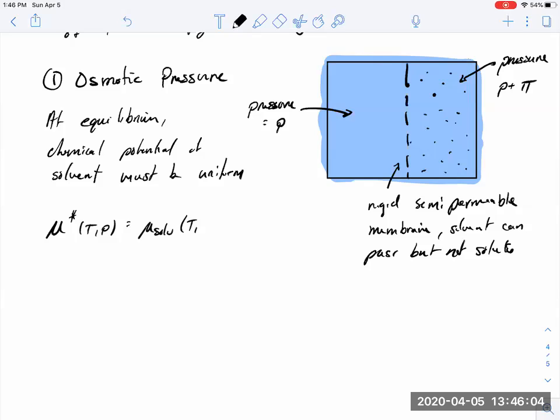And that's a temperature T that we're fixing, that must equal the solvent chemical potential over on the right, which is like it's at a higher pressure and with some solute mole fraction. And we know that if that mole fraction of solute on the right is dilute, the chemical potential of the solvent will be what it would be in the pure solution, less kBT times the mole fraction of solute.